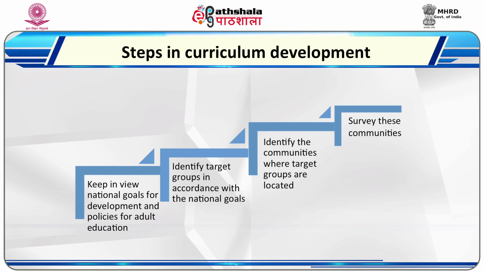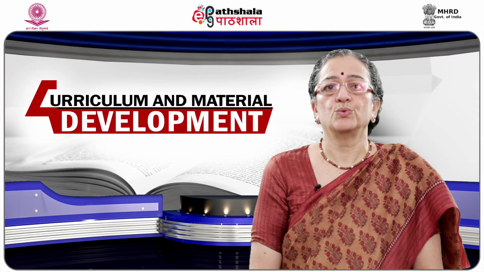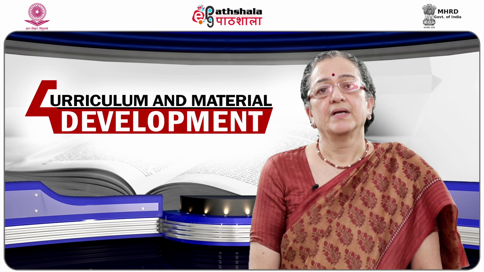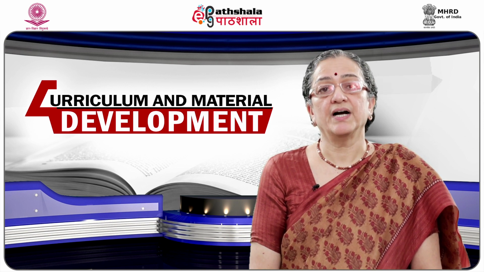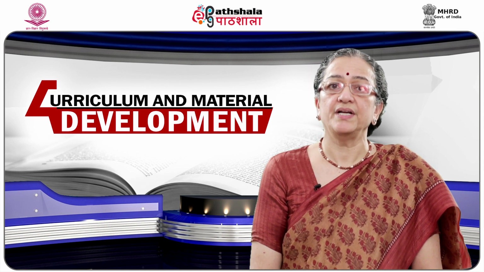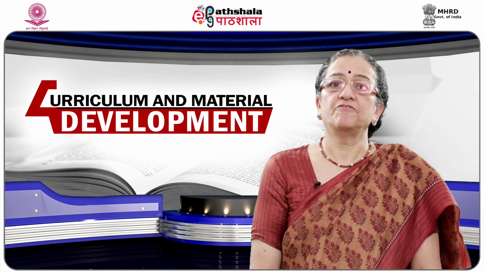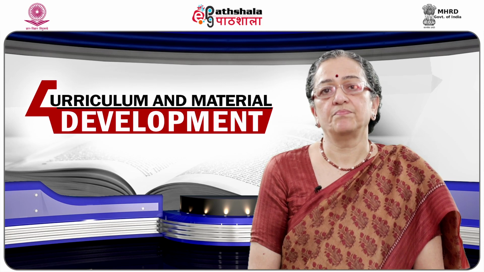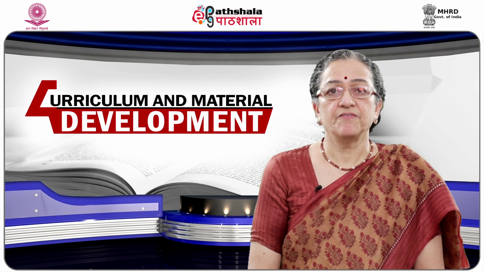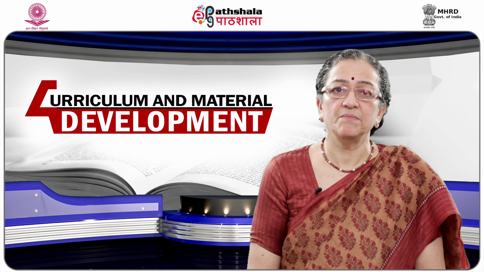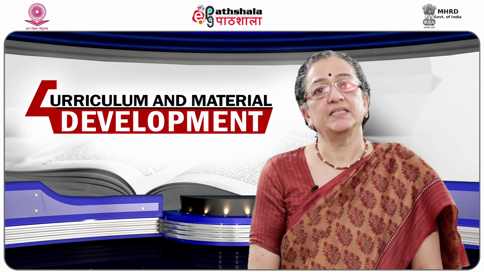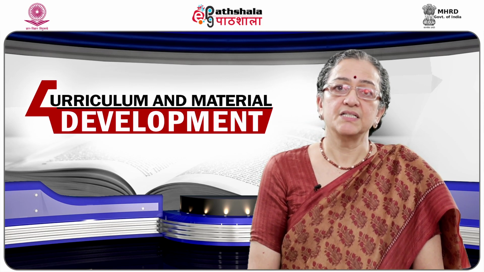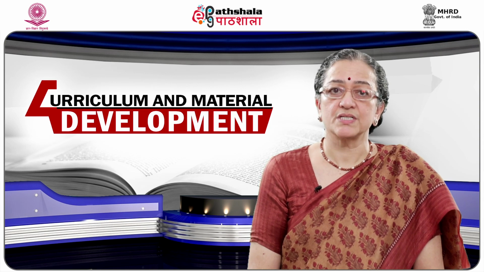Survey these communities to study the physical, socio-cultural, and economic aspects, study the developmental needs, identify the developmental inputs already effected, discover the felt and real needs of the community as a whole and the target group in particular, identify factors and problems inhibiting development, identify the agencies and structures responsible for development, and identify material and human resources in the community.